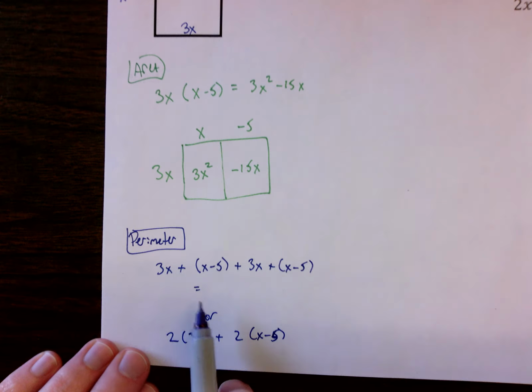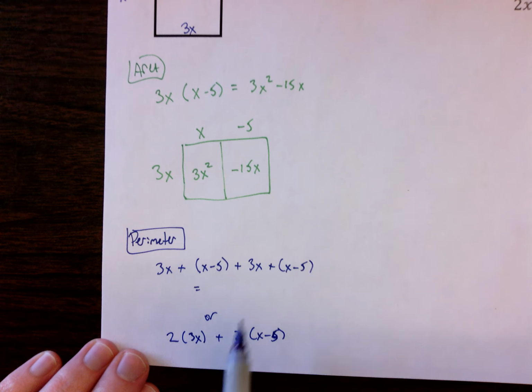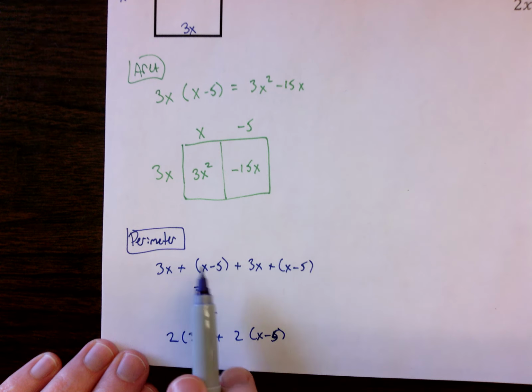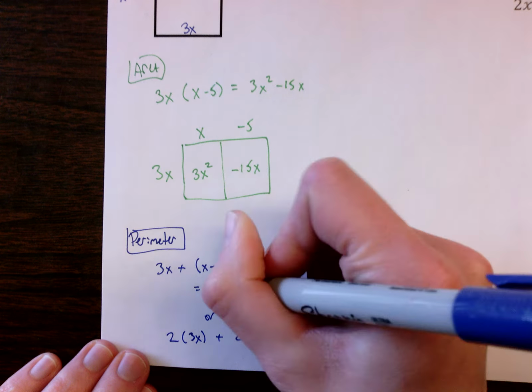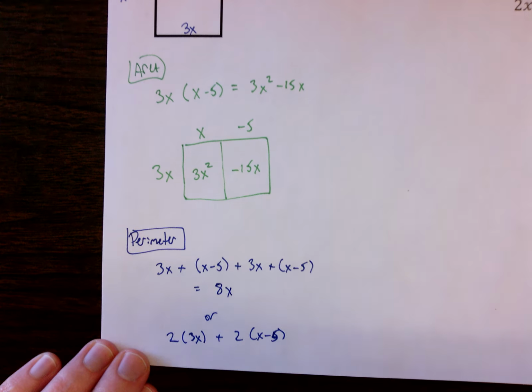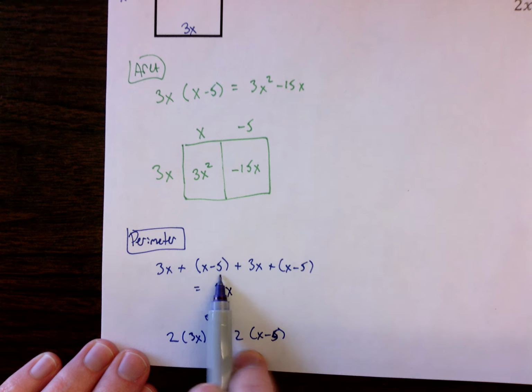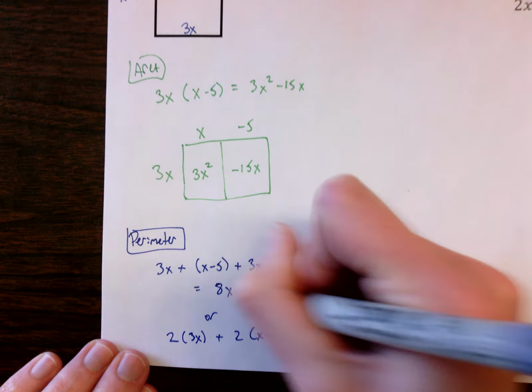If I add these together, I'm just combining like terms. I've got 3x plus one more x, that's 4x, plus 3 more, that's 7x, and then one more would be 8x. For my regular numbers, I've got a negative 5 and another negative 5. That's negative 10.